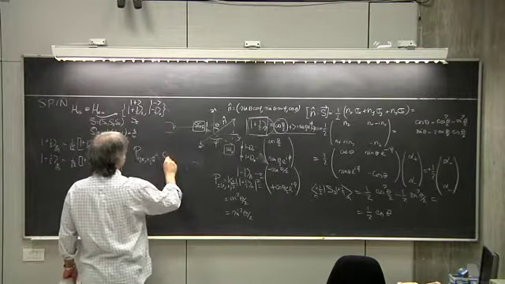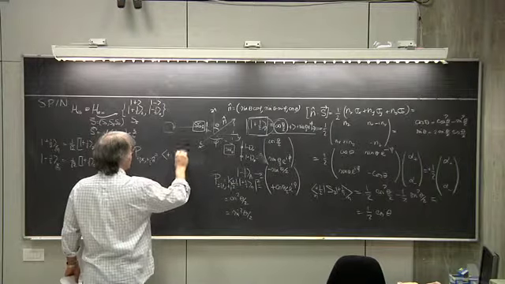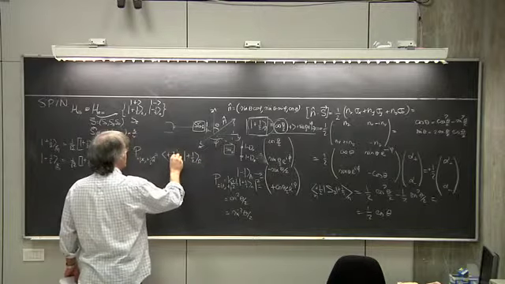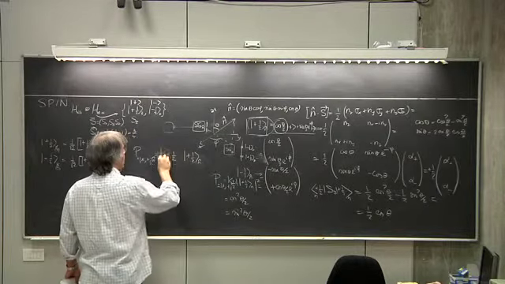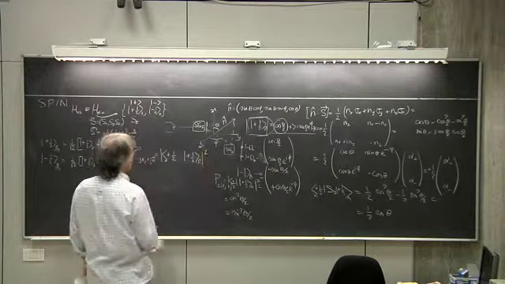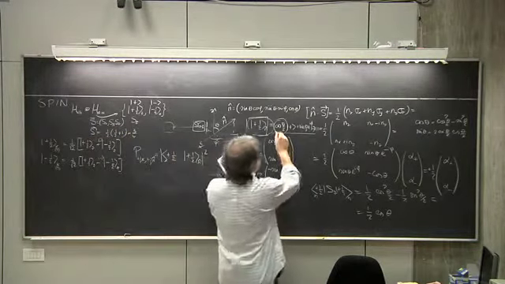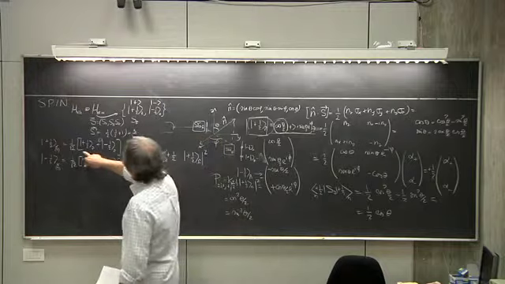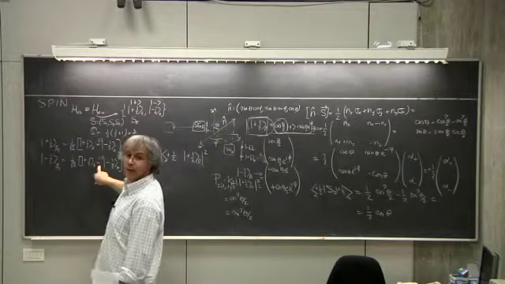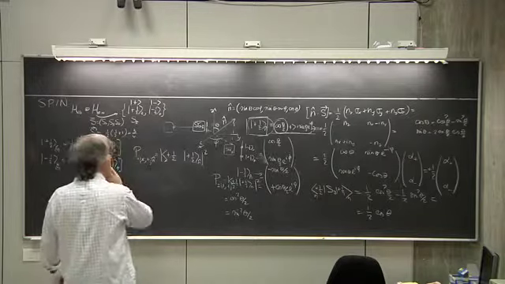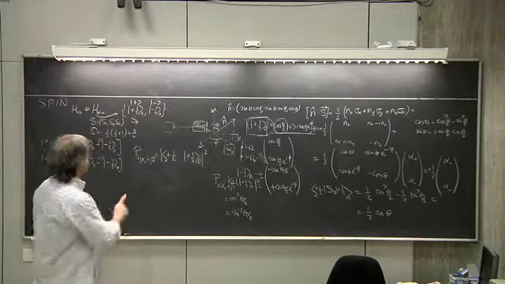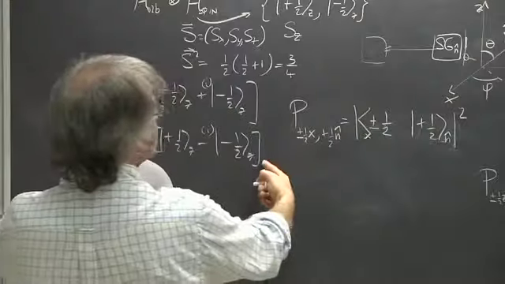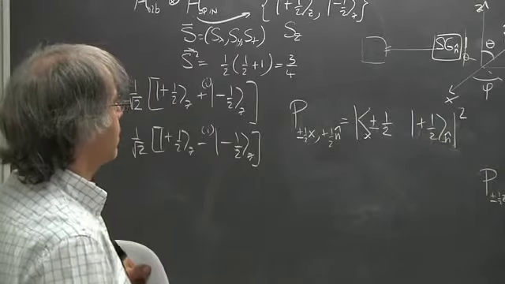Then this is equal to the projection of the state plus 1/2 n on the state plus 1/2 x, and then modulus square. So I should take the scalar product of this object, not with this or that, but with this, for instance, or that. So there are more terms, and you can calculate it. Similarly, you can calculate the one with the minus, the scalar product with this, for instance. It's very simple, not particularly complicated.